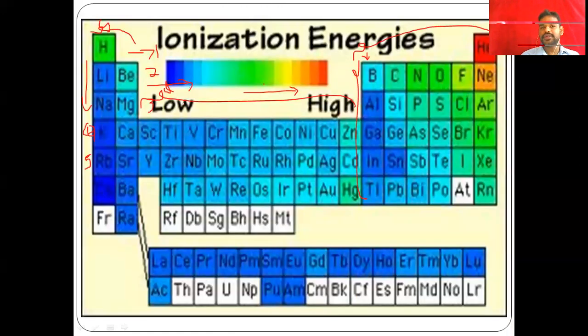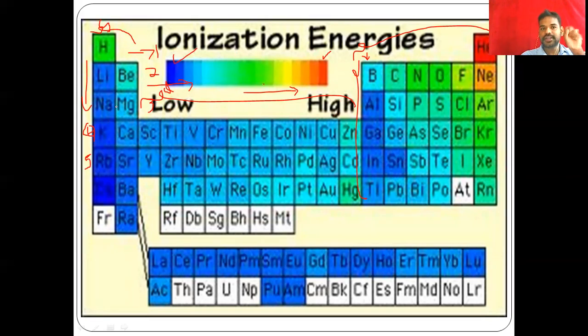So this is about the ionization energy. In the color you can easily observe the ionization energy. Blue shades mean low ionization energy, and red shades mean high ionization energy, with green in the middle. The left side of the periodic table is almost blue, meaning lower ionization energy, because of the metallic character they act as electropositive elements.